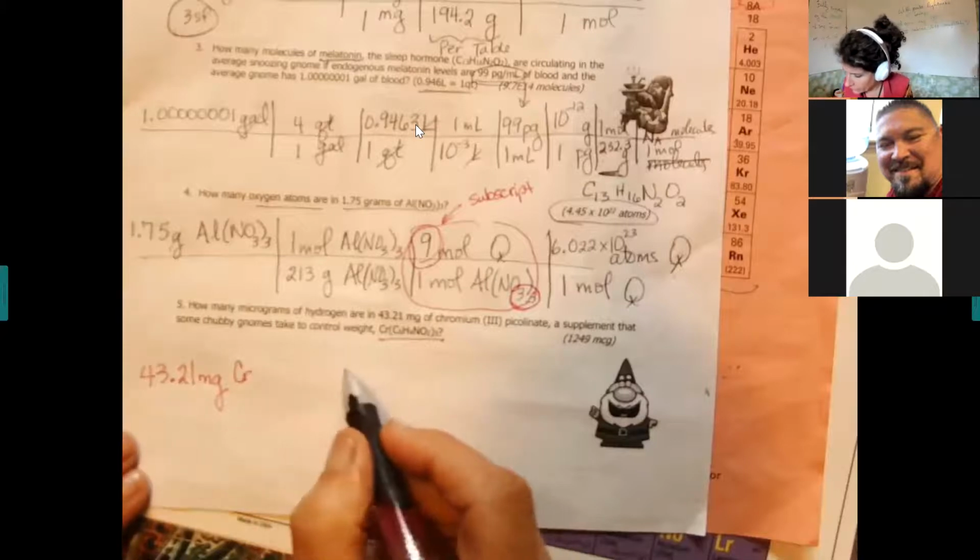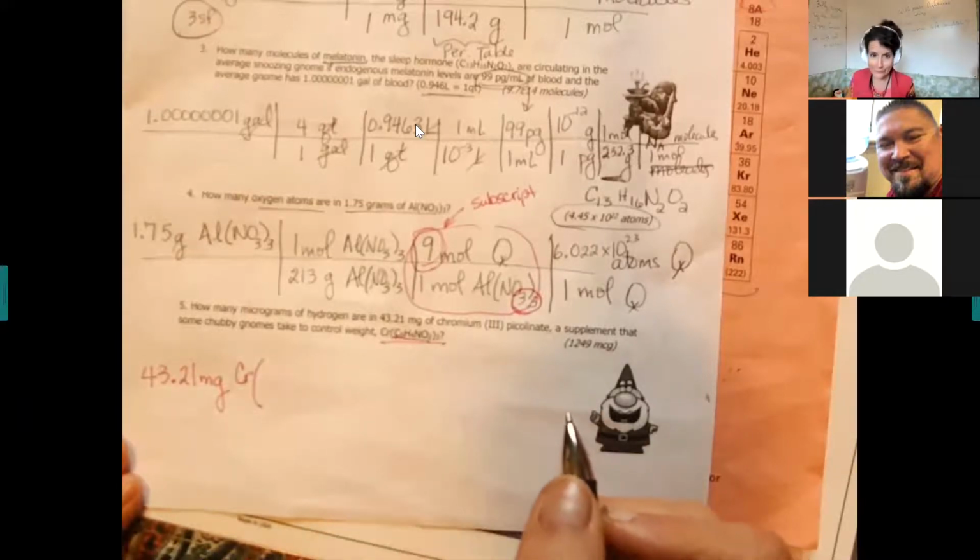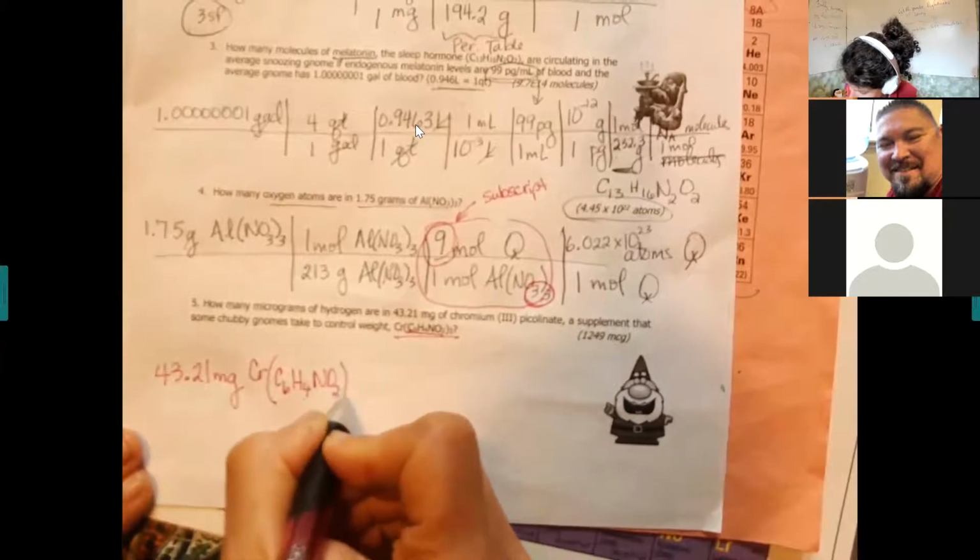All right, so this is this compound. This is picolinate. So there's millions of polyatomics. All right, C6H4, NO2, everything inside that parentheses is going to get multiplied by 3.